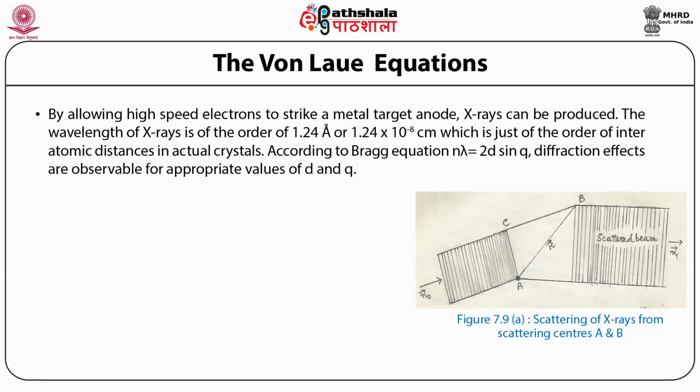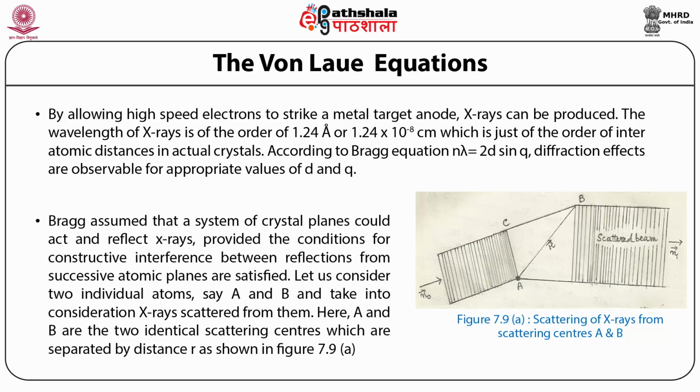According to the Bragg equation, n lambda equals 2d sine theta, diffraction effects are observable for appropriate values of d and theta. Bragg assumed that a system of crystal planes could reflect X-rays, provided the conditions for constructive interference between reflections from successive atomic planes are satisfied.